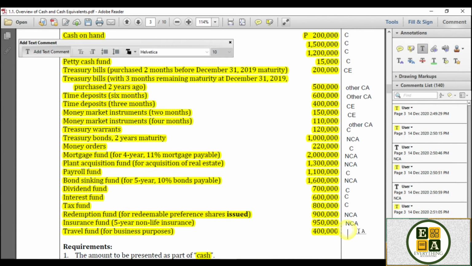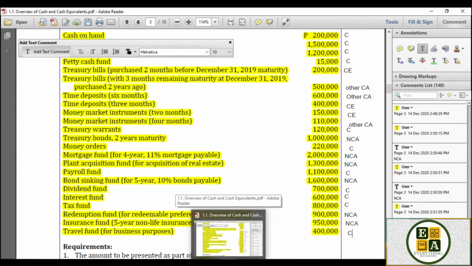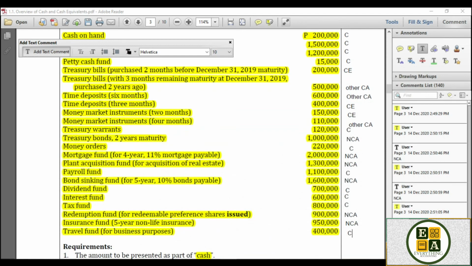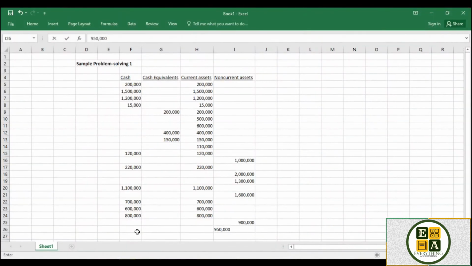So this is cash. Yung insurance, non-cash, non-current asset rather. Travel fund, cash. So, unahin muna natin yung insurance. That is part of non-current asset, 950,000. Then, for travel fund, we have part of cash na 400,000. Then, pasok siya sa current asset, 400,000.